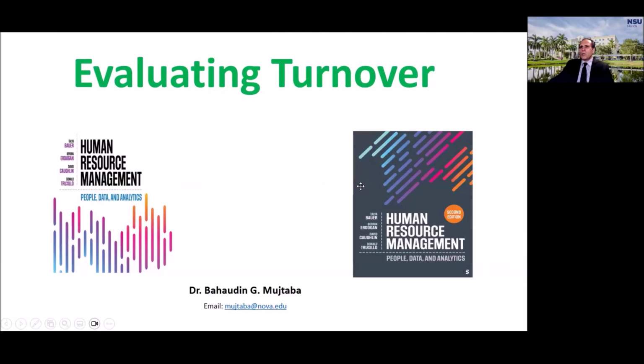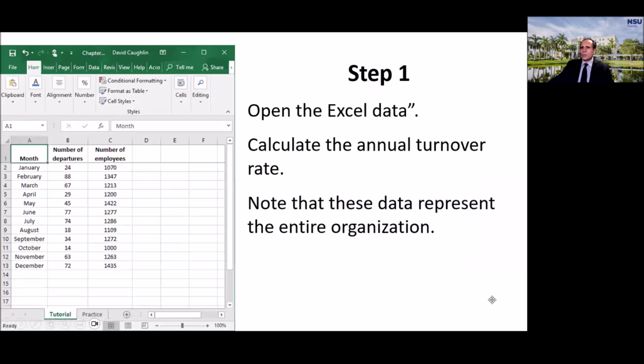So when you're evaluating turnover using Excel, it's not really that difficult. My recommendation is make sure your data in terms of each part of the organization are correctly documented in Excel files. You can see here on this sheet, we have from January to December a certain number of employees that left either voluntarily or involuntarily.